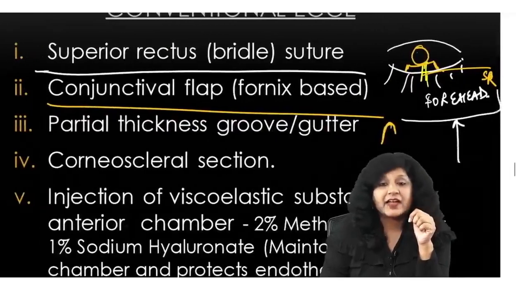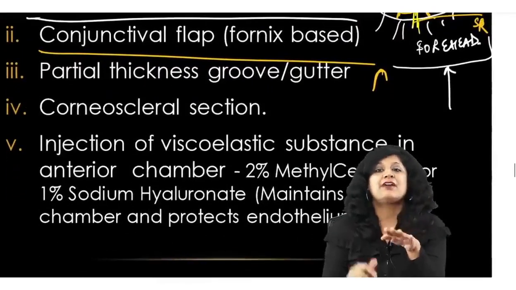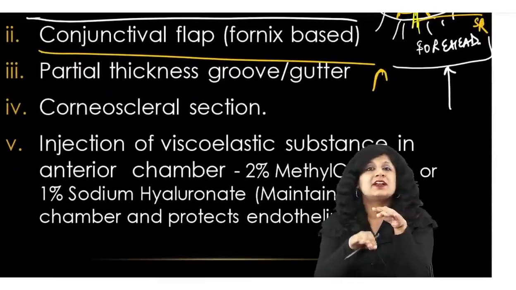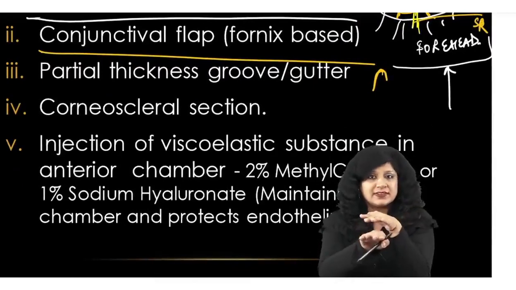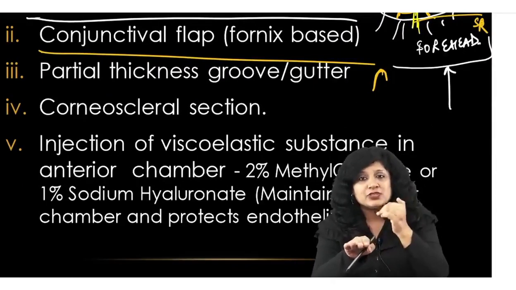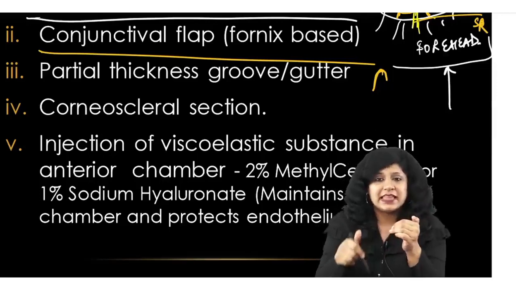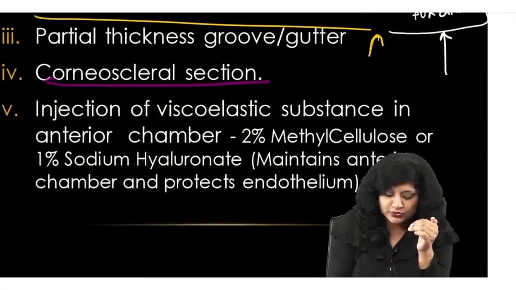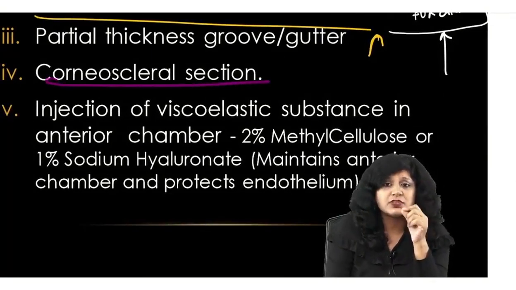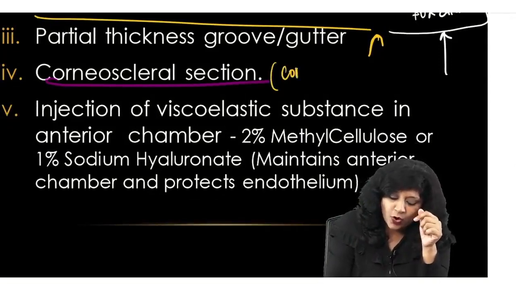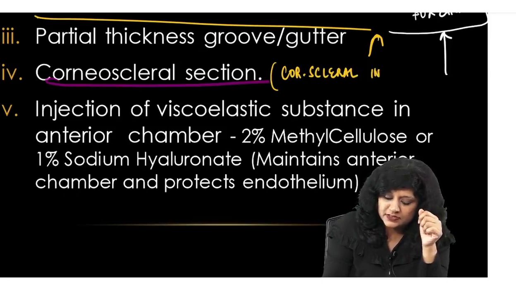For that, after this I have to make a partial thickness groove or gutter through which you go inside. And once you have made that gutter, then you have to make a corneoscleral section. This is also called the corneoscleral incision.